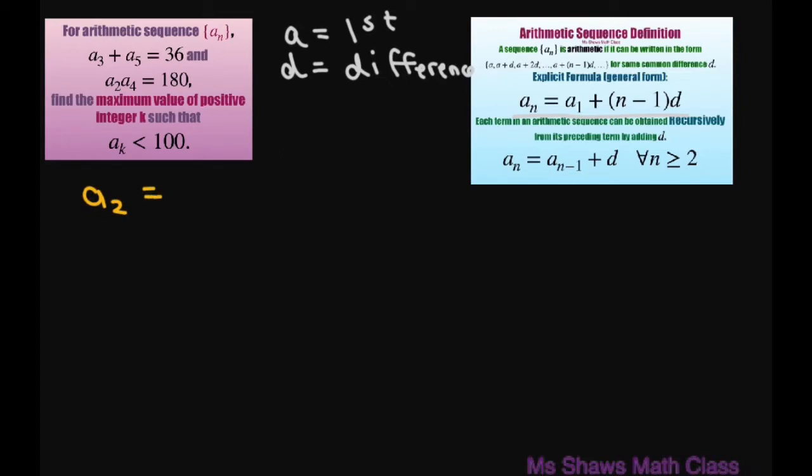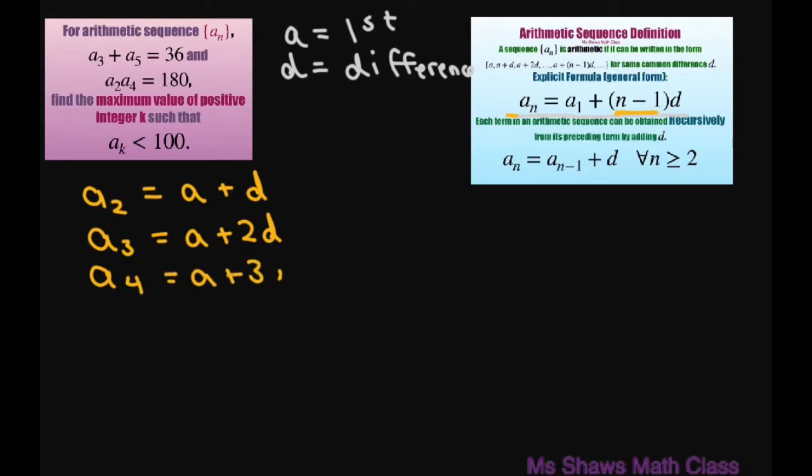So a sub 2 using our formula is going to equal your first term plus 2 minus 1, which is 1, so that's 1 times d. A sub 3 is going to be a plus 2d, since 3 minus 1 is 2. A sub 4 is a plus 3d. And a sub 5 is a plus 4d.